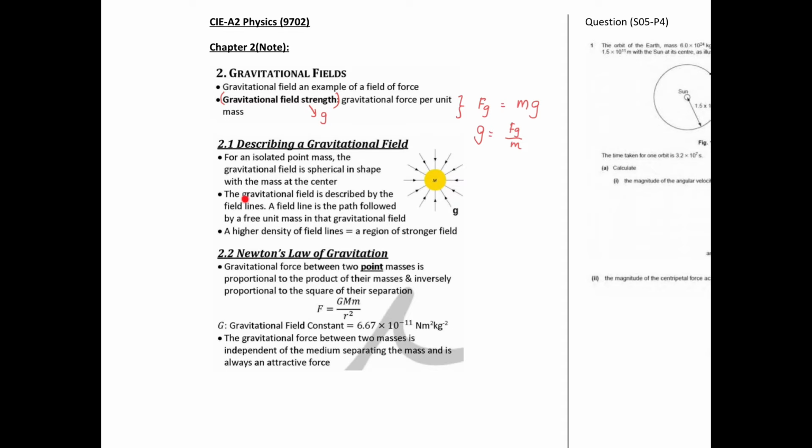Now next point, the gravitational field is described by field lines. A field line is the path followed by a free unit mass in that gravitational field. So they are trying to say that this arrow means something. Let's say this capital M is the Earth.